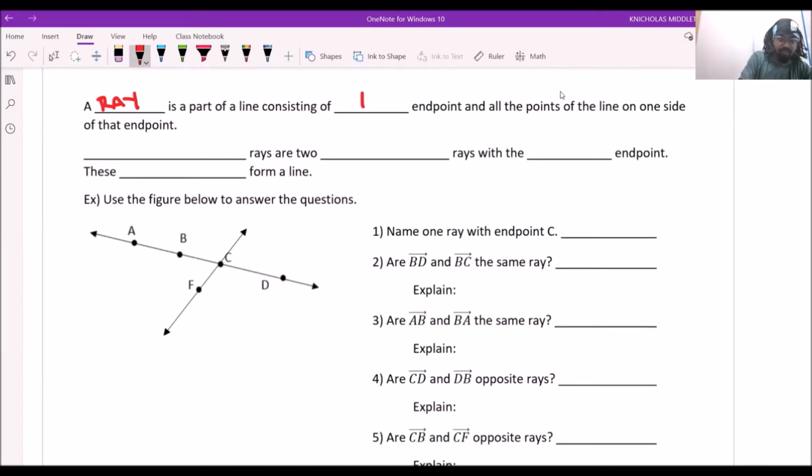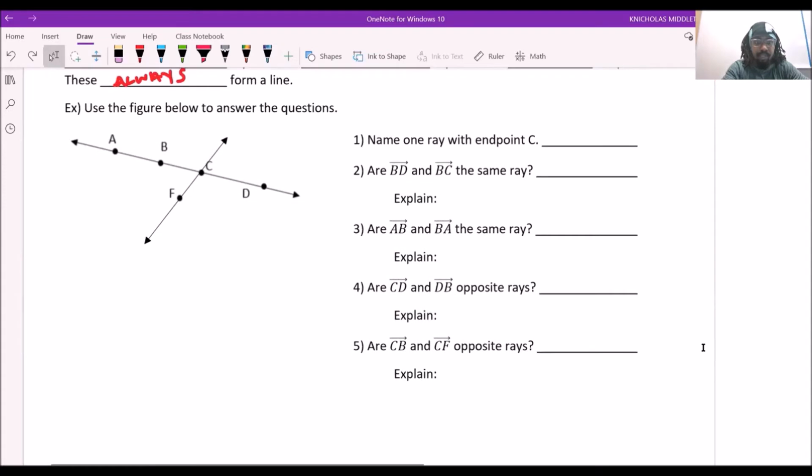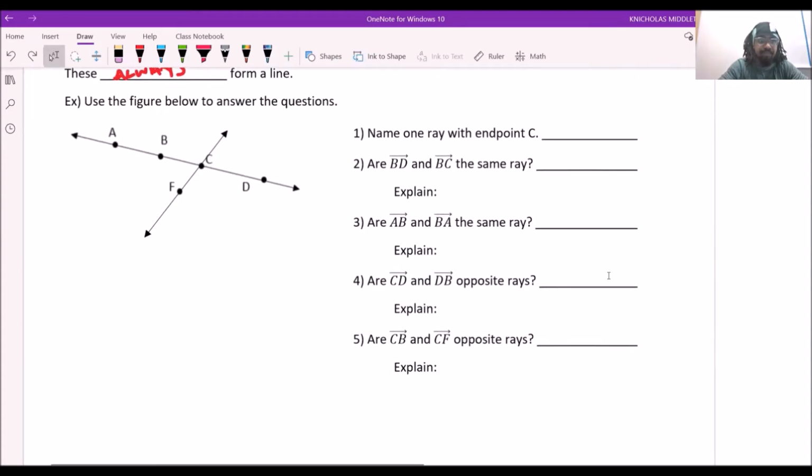Opposite rays are two collinear rays with the same endpoint. These always form a line.